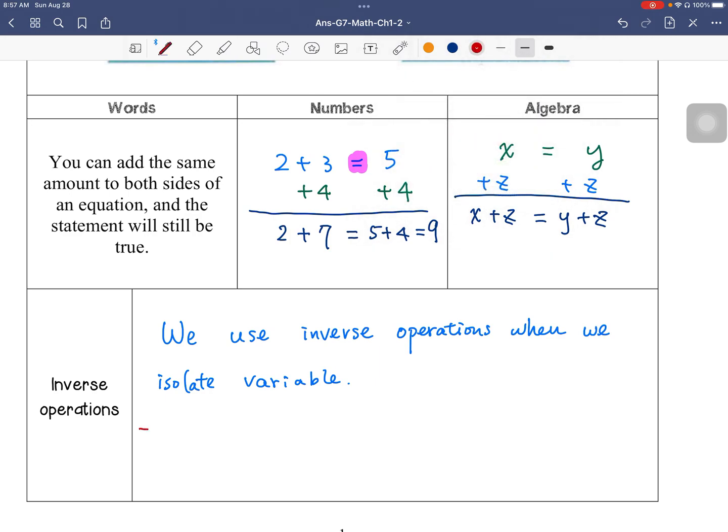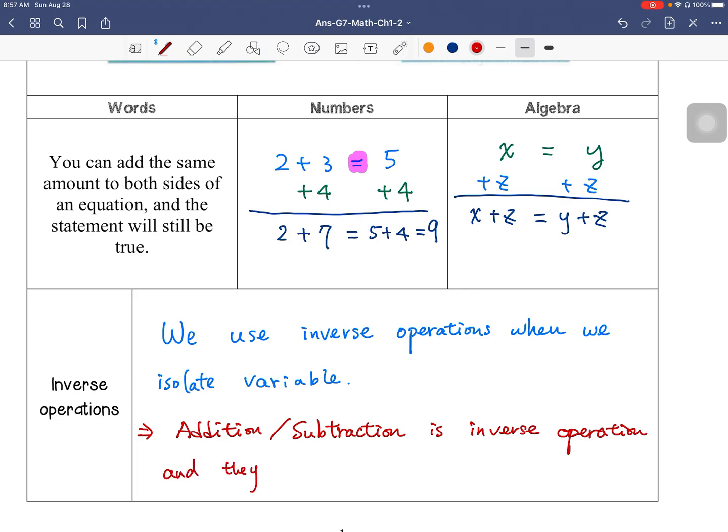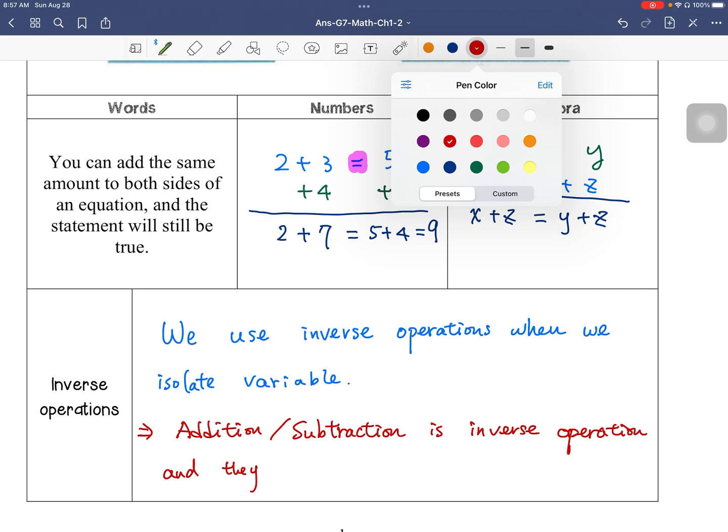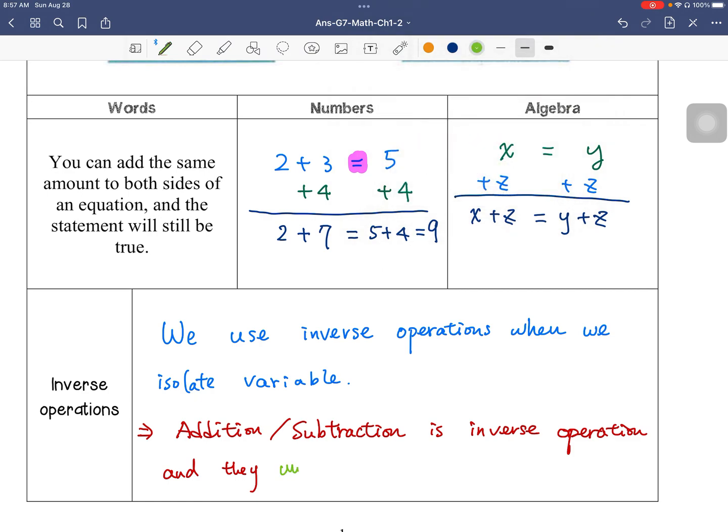Such as addition and subtraction are inverse operations, and they undo each other.